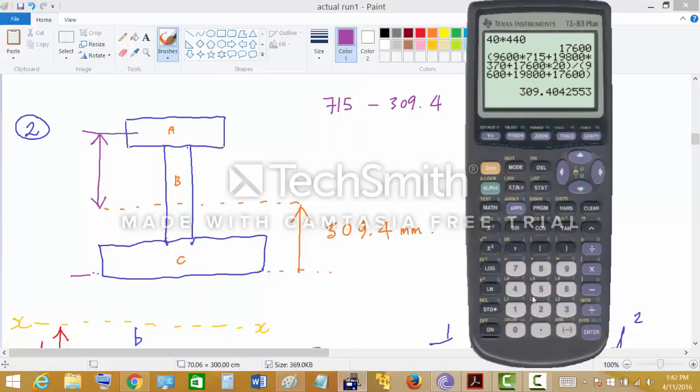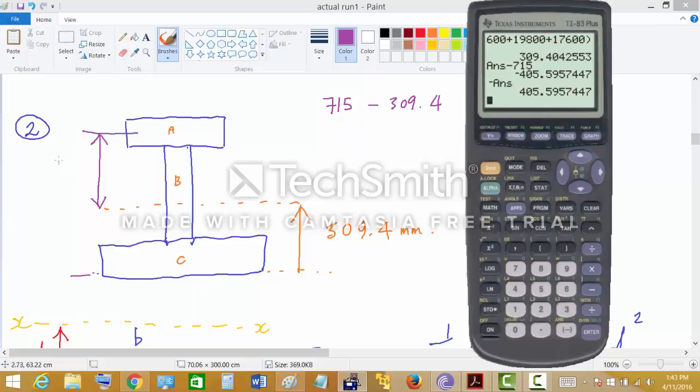So we can go just that minus 715 equals, change the sign of the answer. Now it's 405.6.